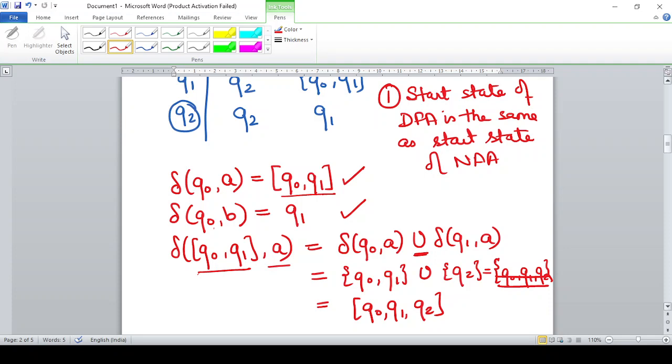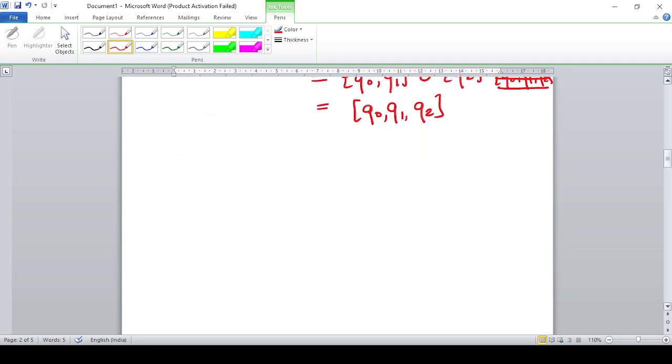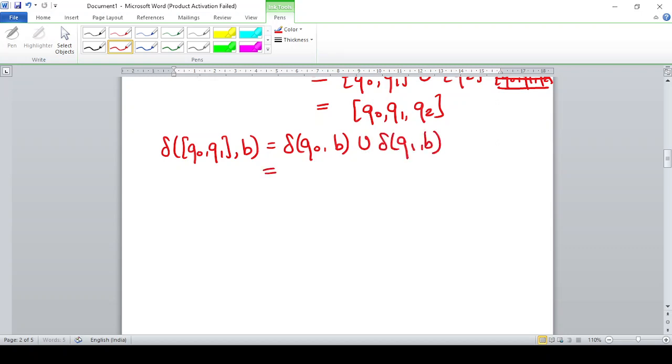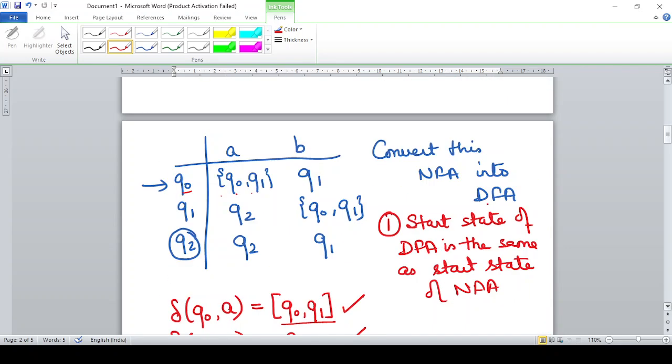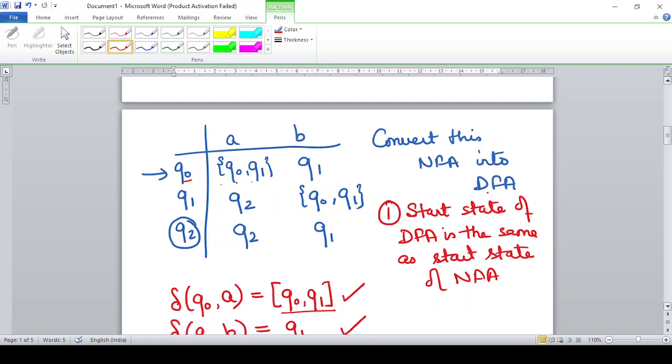Next I define q0 q1 for input B. Delta of q0 q1 input B means delta of q0 B union delta of q1 B. As you can see from the table, q0 B is q1 and q1 B is q0 q1.